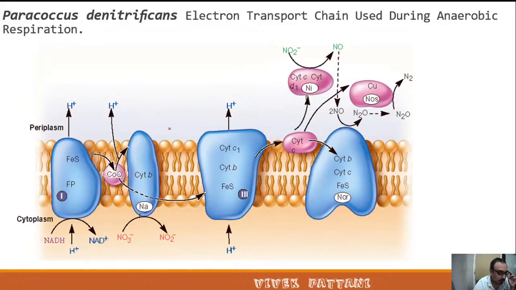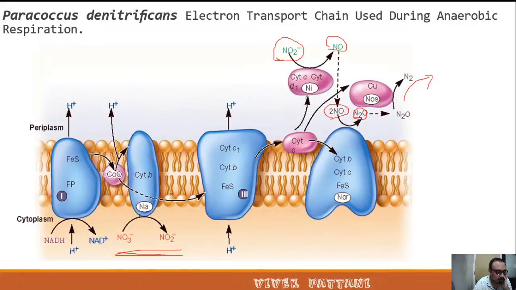The difference you will see here is the conversion of nitrates to nitrites, which will be converted into NO, then nitrous oxide, N2O, and finally into nitrogen. This whole process is denitrification.